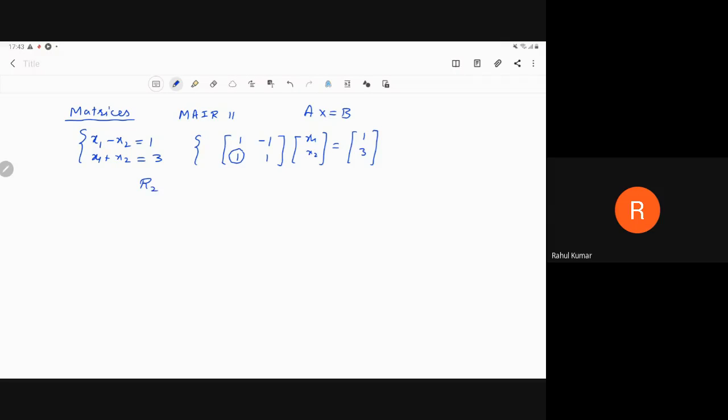R2 replaced by R2 minus R1 means from the second row subtract the first row. What do you get? First row as it is, second row 1 minus 1, 0, and R2 minus R1 means 1 minus minus 1 means plus 2.